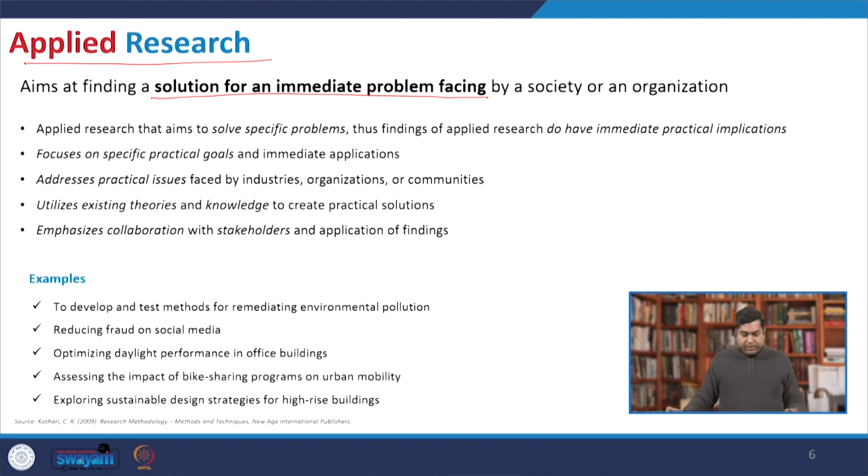Some of the characteristics of this applied research: it aims to solve specific problems, thus findings of applied research have immediate practical implications. Say if I find that in a particular traffic stream there is congestion because of certain bottlenecks, there are more accesses to the main road, and that's why people get stuck in that traffic jam.